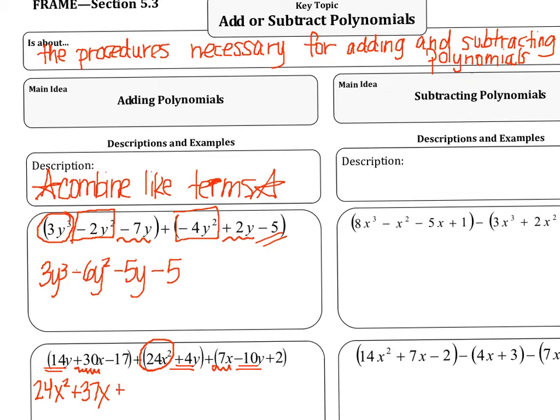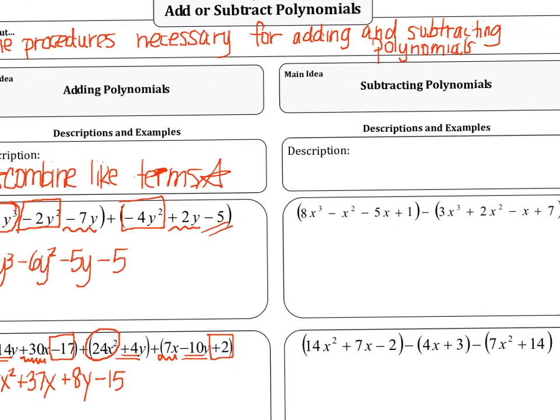So I've got plus 8y. And then my last thing here, I've got negative 17, and then I've got a positive 2. So negative 17 plus 2 is negative 15. And all of my terms have some kind of shape around them, so I know I've used them all. I've combined them all. So let's look over at our subtracting polynomials.